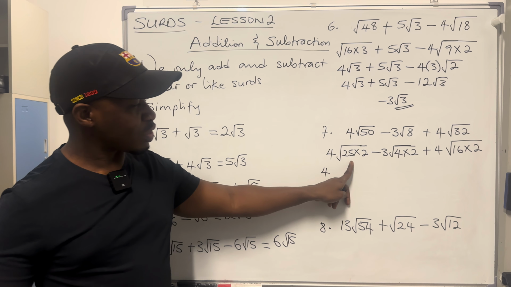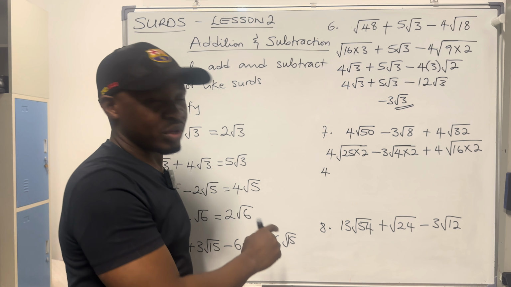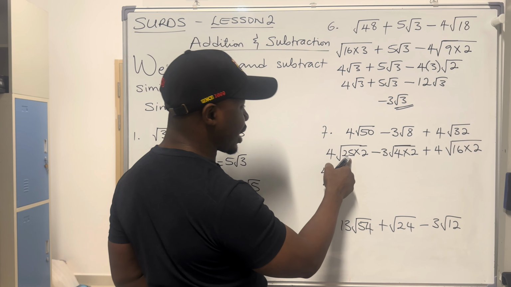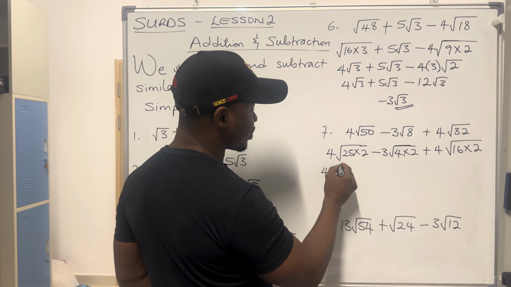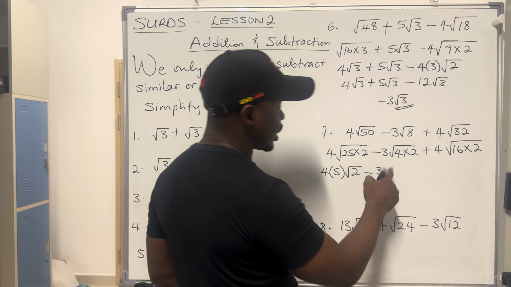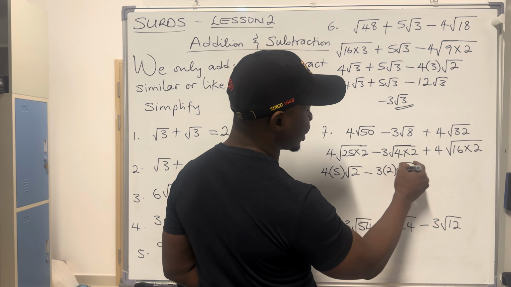The square root of 25 is 5. That 5 is coming outside to meet this 4. So the one that we have outside multiplies the one that is coming outside. Square root of 25 is 5. Square root of 4 is 2, and what remains in the root is this 2.